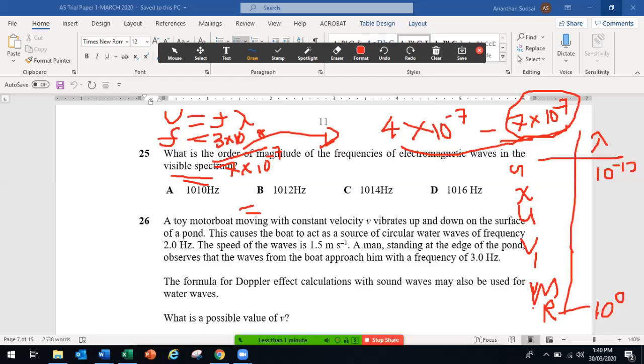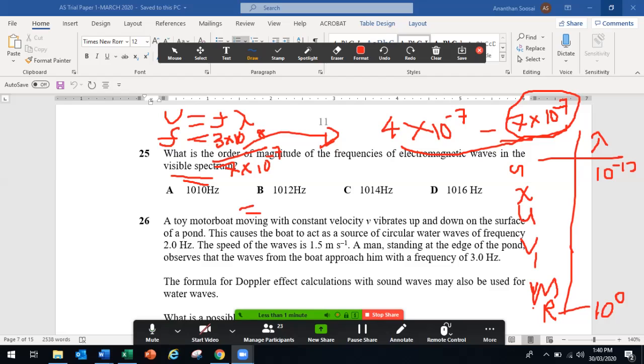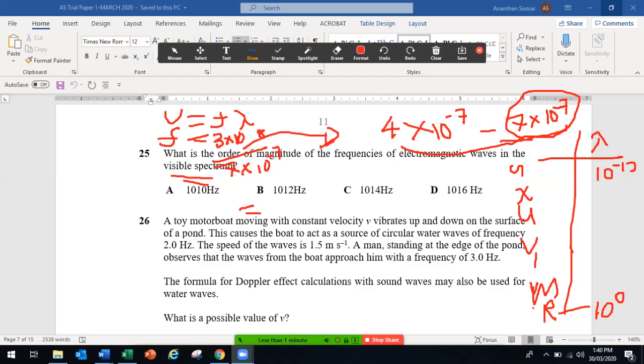So 10 to the power of 14, quite big. What is the order of magnitude of frequency of electromagnetic wave in the visible spectrum?